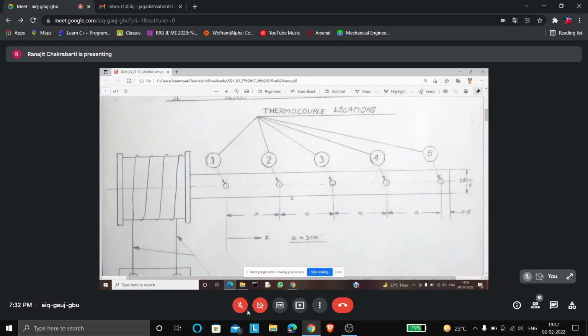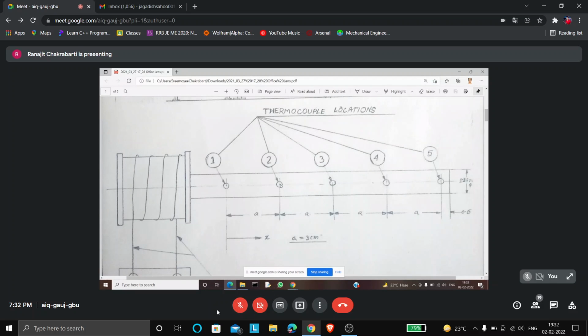If we come back to the fin, this is the fin. We have 5 equidistant points, 1, 2, 3, 4, 5, on which we have mounted the hot junctions of 5 thermocouples. As you know, in a thermocouple two wires are connected at the ends.